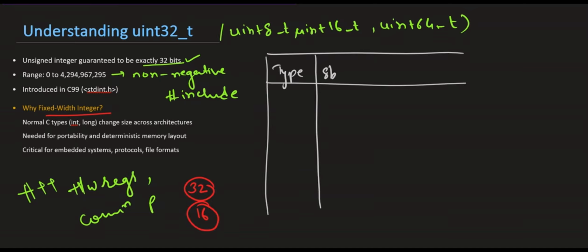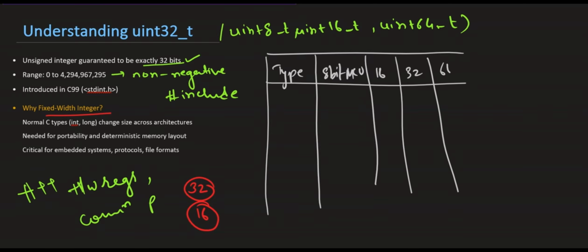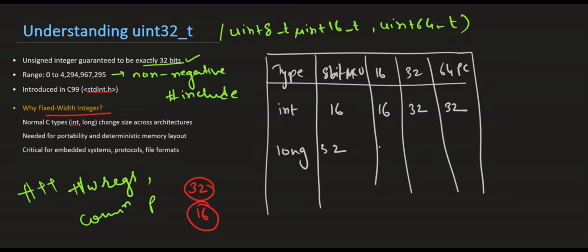Let's say this is an 8-bit microcontroller, this is a 16-bit, this is a 32-bit microcontroller, and this is a 64-bit PC. Considering this table, for the normal C int type, it is 16 bits on the 8-bit microcontroller, 16 bits on the 16-bit one, 32 bits on the 32-bit one, and 32 bits on the 64-bit PC. For long, it varies as well, up to 64 bits.